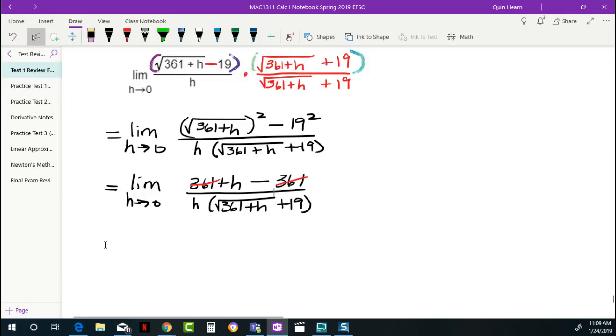We're going to get equals the limit. And by the way, you see how I'm writing limit each time in each step?